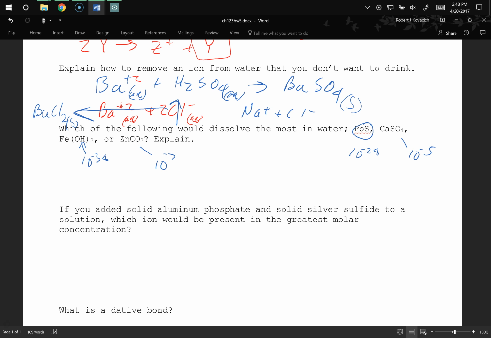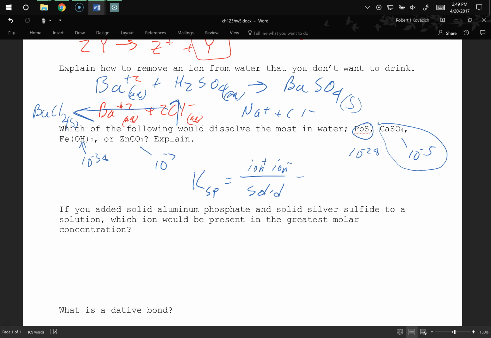So what's the calcium sulfate? Tell me about that one. Explain why this is going to be dissolving the most. What does the biggest number mean? Where does this KSP come from? I got some solid, and it's the denominator for a cation and an anion combination.